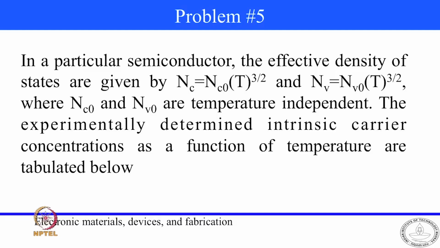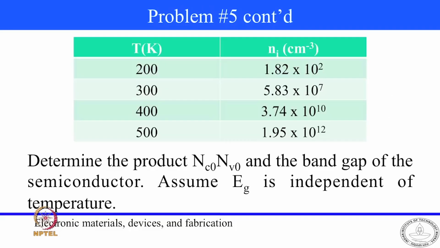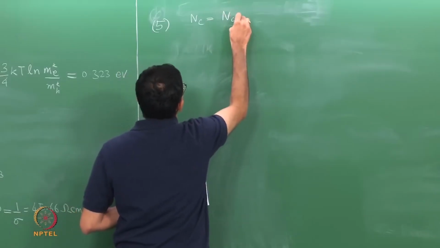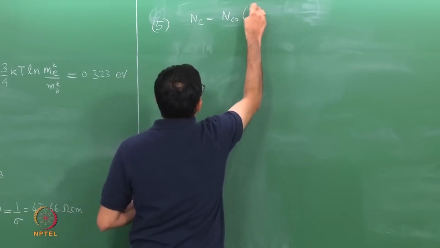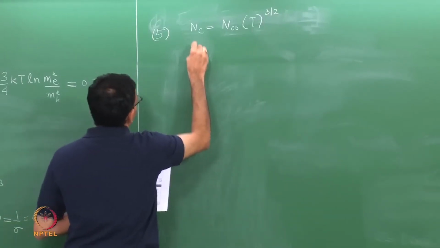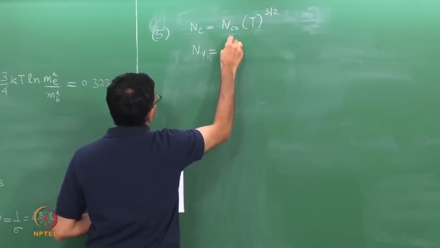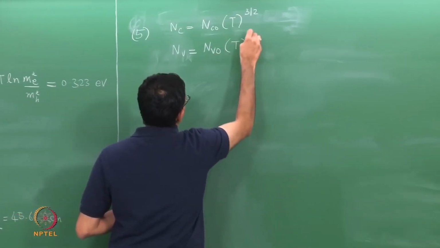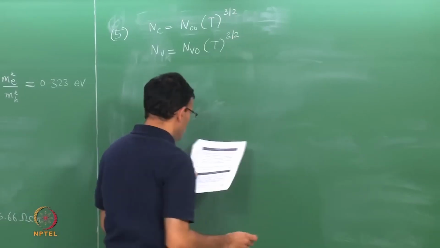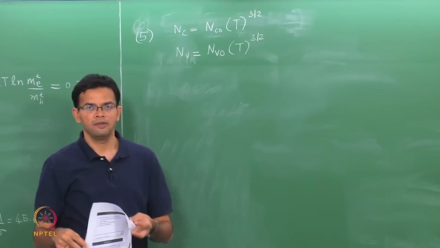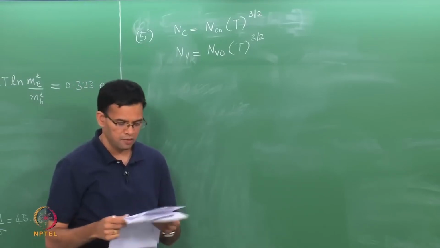There is a particular semiconductor and it says that the effective density of states Nc is a constant Nc naught times temperature to the power 3 over 2, and in the same way Nv is Nv naught times temperature to the power 3 over 2. So, the experimental values of Ni at different temperatures are given.